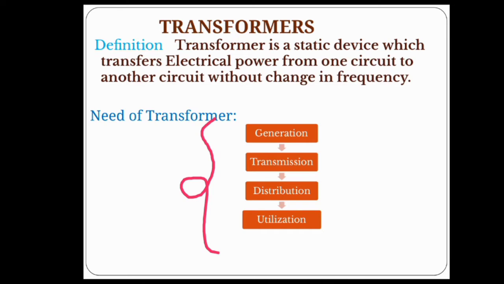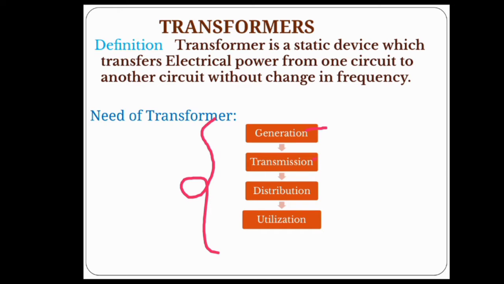At the generating station, the power is normally generated in the medium voltage range, that is, 22 kV, like that. After that, the power has to be stepped up in the transmission network.